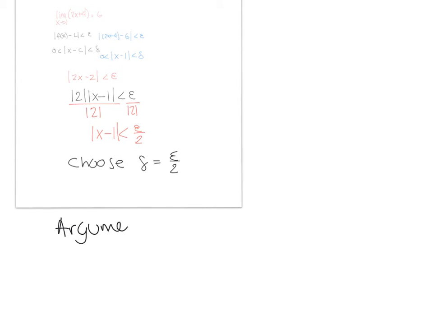And our argument is that we're going to let epsilon greater than 0 be given.